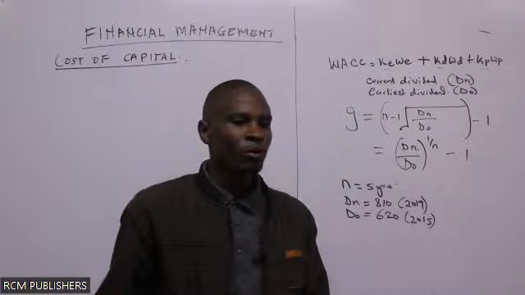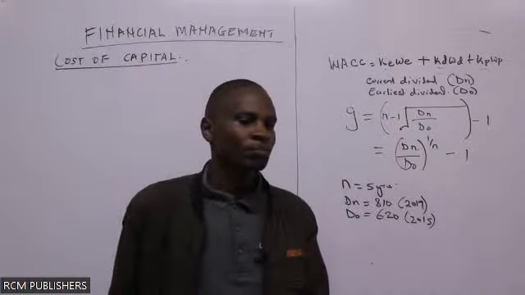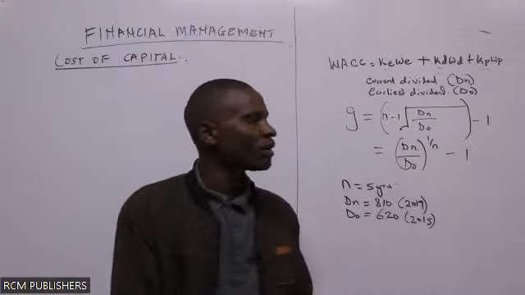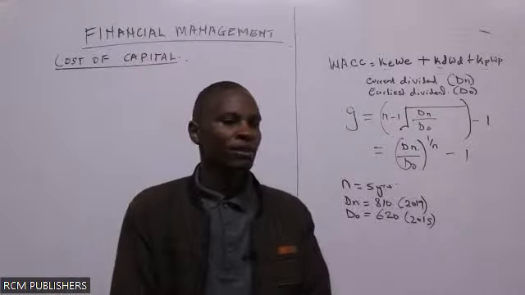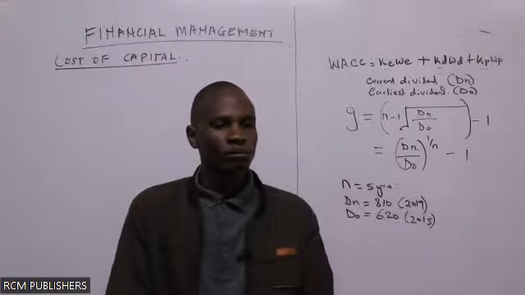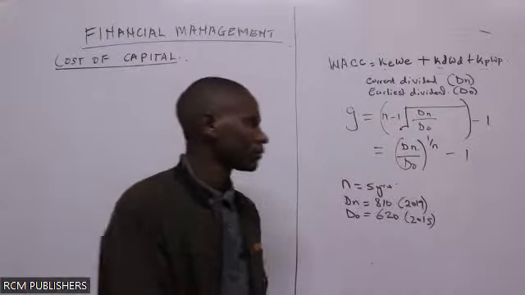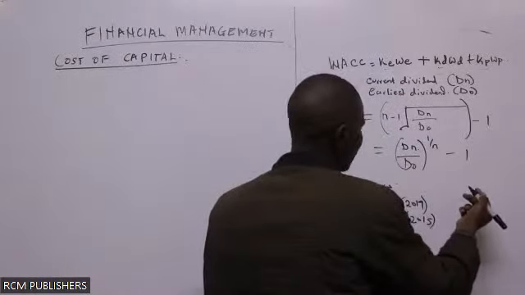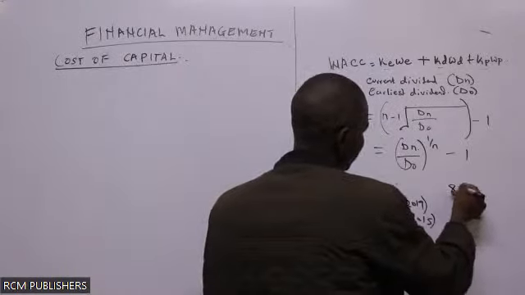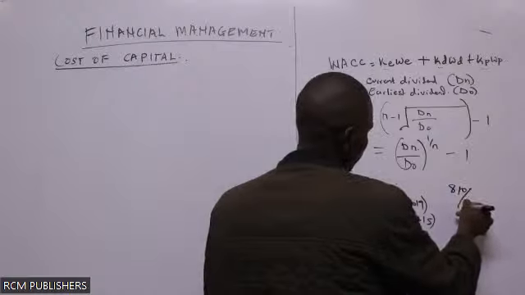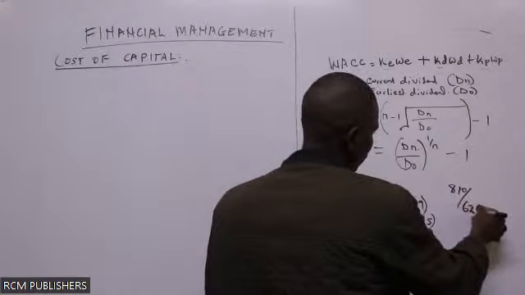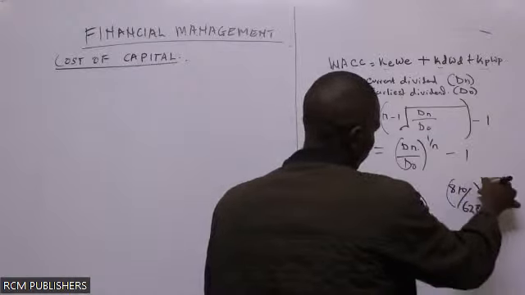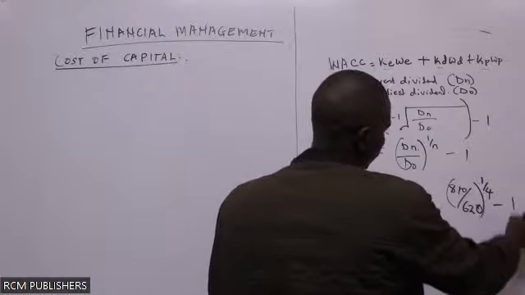That's the importance of revision. Please compute very fast. You can use any formula here. 810 divided by 620, then this one I can say 1 over 4, minus 1.